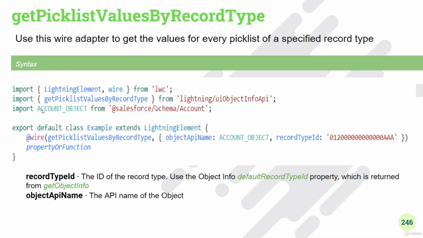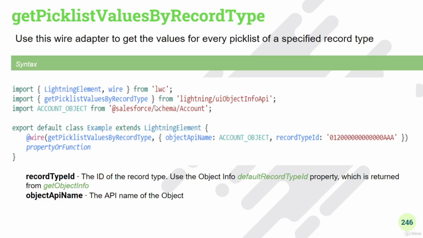Here we are using the account object and passing it to the adapter configuration, that is objectApiName. Earlier, with the getPicklistValues wire adapter, we were using the field API name, but here we are passing the object, so it gives us all the picklists available in this particular object.